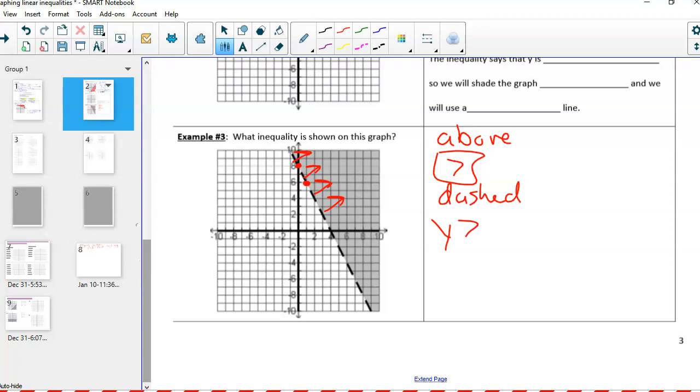The y-intercept is 8. It's negative. So even though it was graphed for us, we can still tell what type of inequality it is based on what direction it's shaded and the type of line, and then we can find our slope and y-intercept from it.